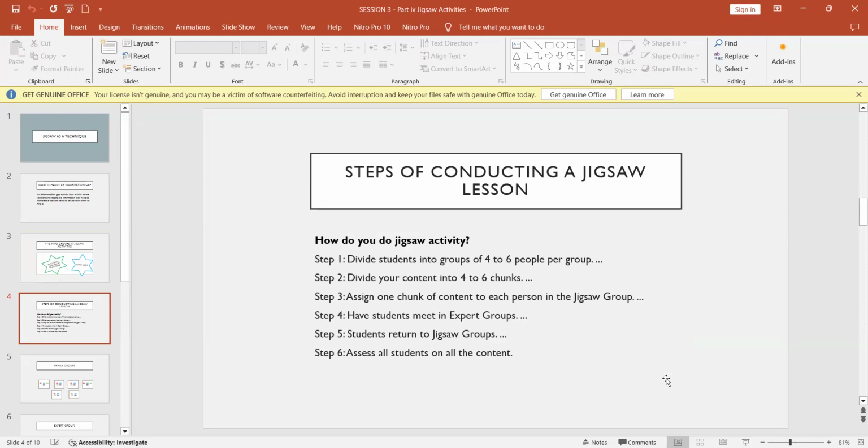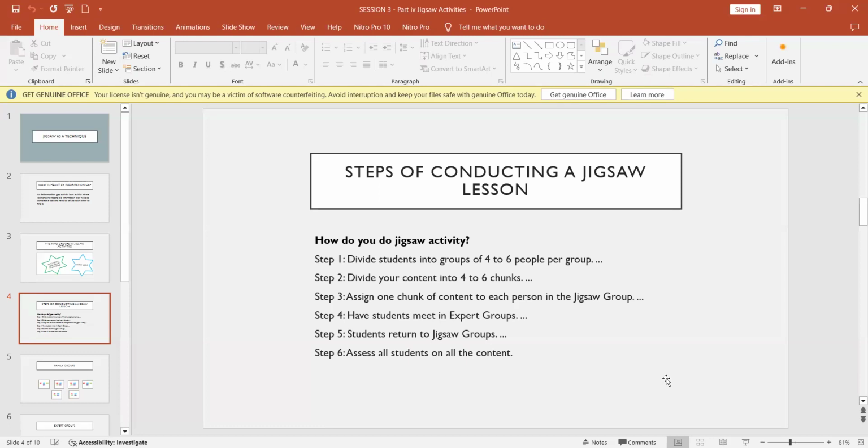I explain it. Can one of you read the 6 steps? Step 1, divide the students into groups of 4 to 6 people per group. Step 2, divide your content into 4 to 6 chunks.